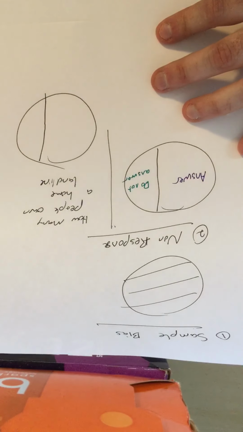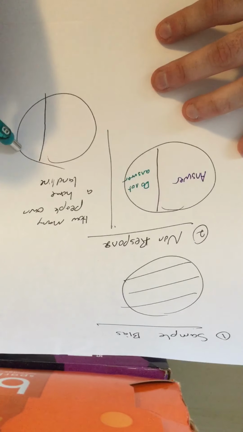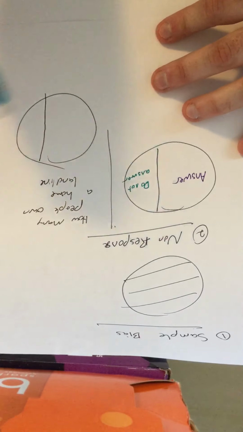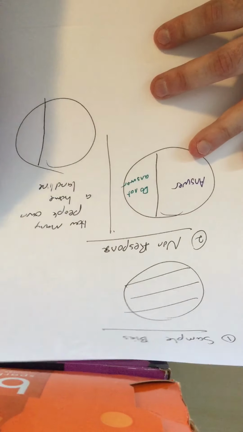Obviously, it's a little ridiculous, but I'm trying to be ridiculous. So in that case, the people who don't respond are generally those who do not have a home landline. And the people who do respond are people who do have a home landline. So the people who respond are different in some meaningful way than the people who do not respond.